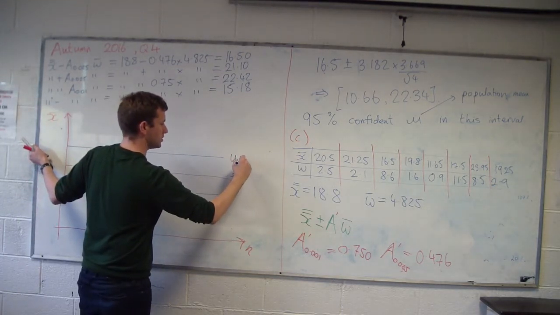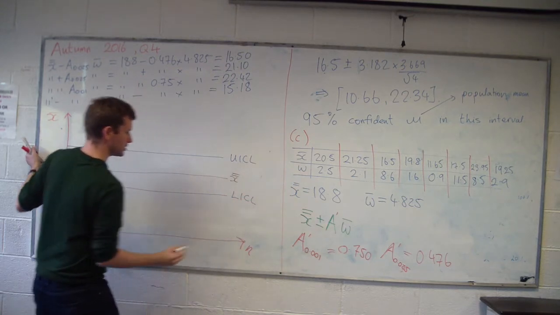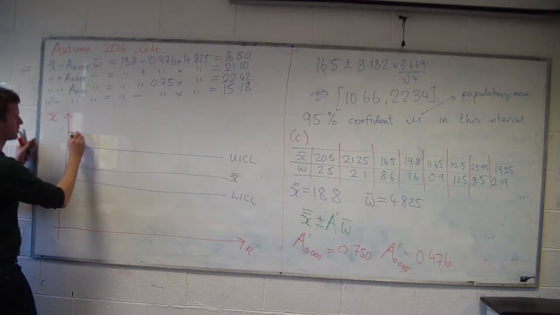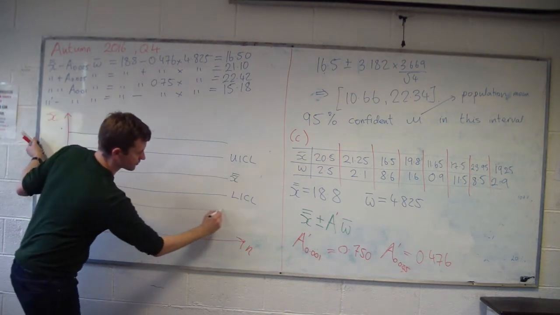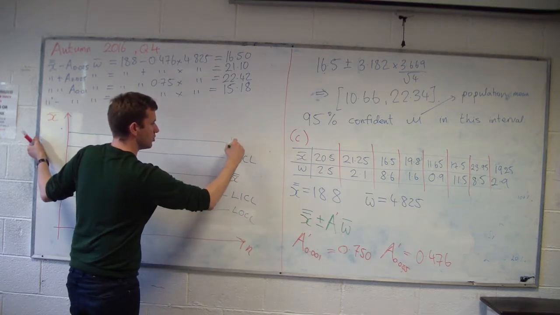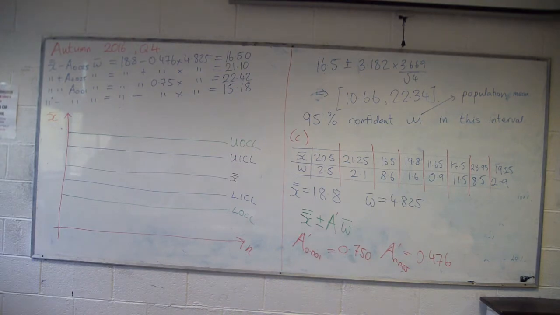So upper inner control limit, lower inner control limit, lower outer control limit, upper outer control limit. Now start putting these numbers in the right place. You might have to write in these values to be clear in your head.